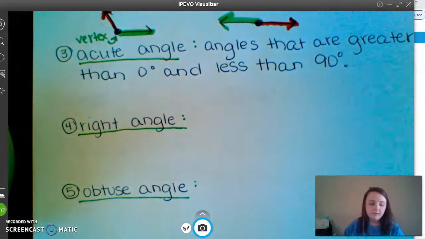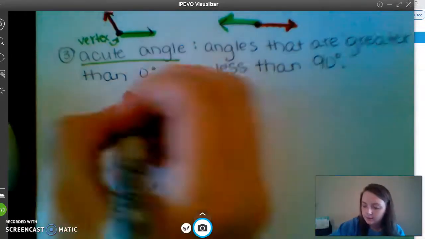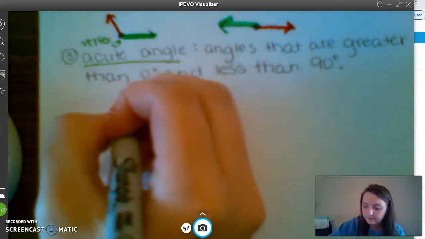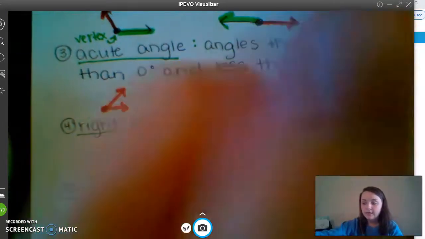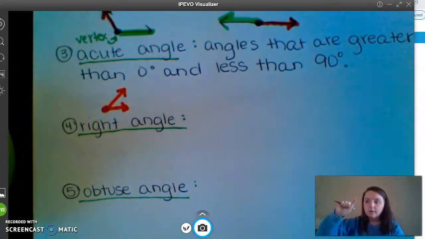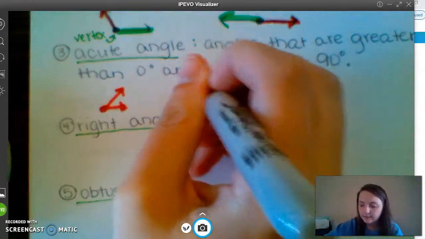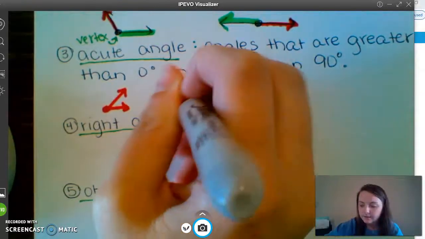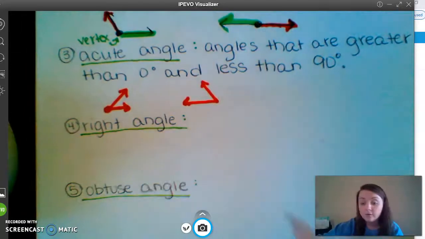So an example of this, if we drew a picture, would be something like this. That's less than 90 degrees. Remember, 90 degrees are the right angles, are the square corners. So then we've got less than 90, less than 90. On your independent practice, I'll give you just an angle measure.